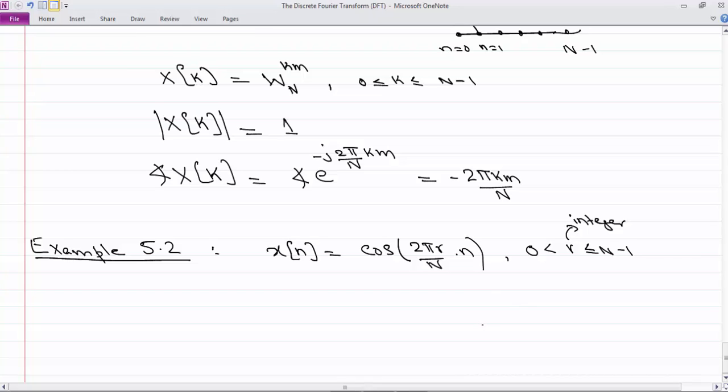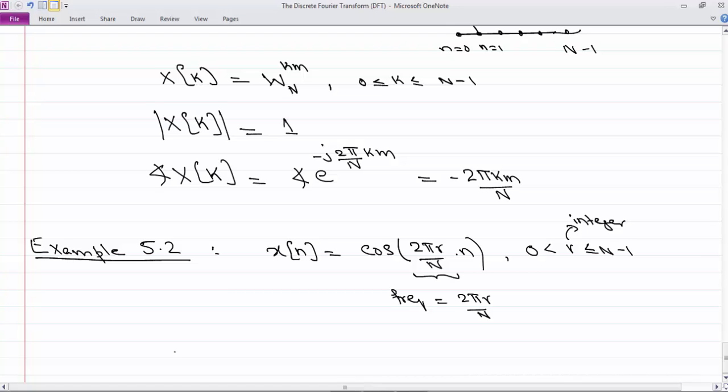Now, if I am asked to compute its DFT, there is an important point that I am missing in this formulation. I'm saying my x of n is a cosine, with frequency 2 pi r over N. That's fine. It's a periodic cosine because the frequency can be written as a rational multiple of pi.